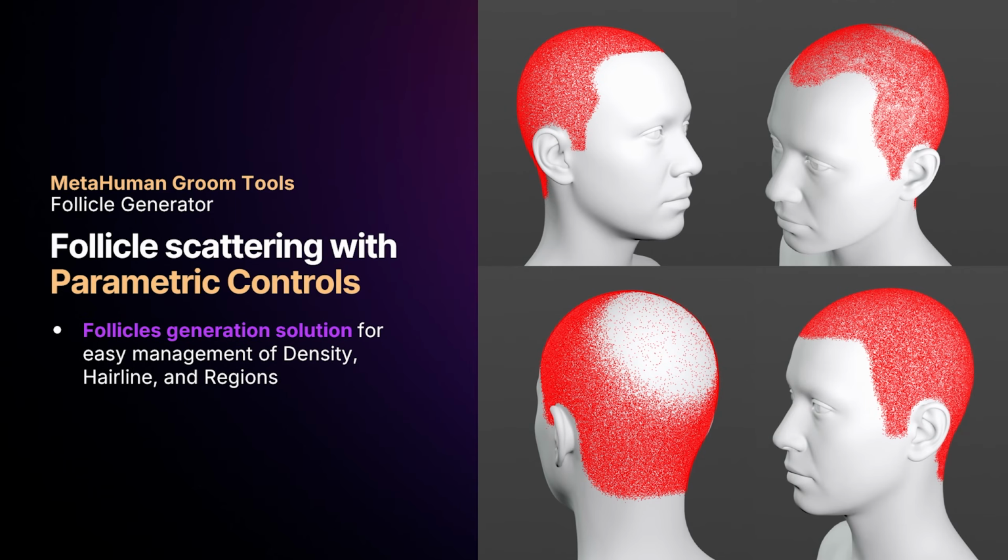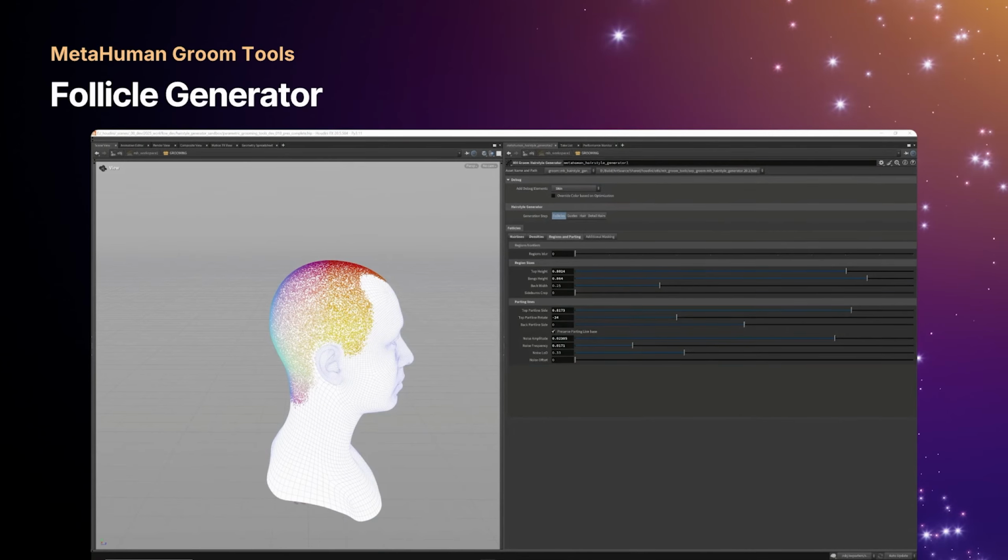Let's first focus on the follicles generation. In these few images, you can see a variety of densities and hairline shapes that the tool gives control on. So let's start building a parametric groom by looking at the follicle generation step.